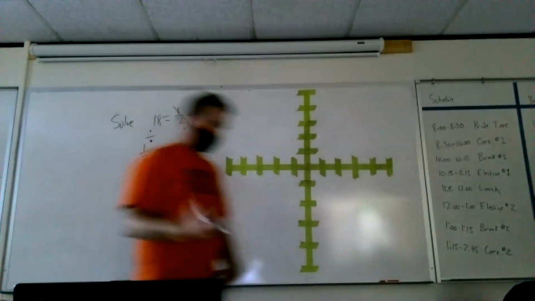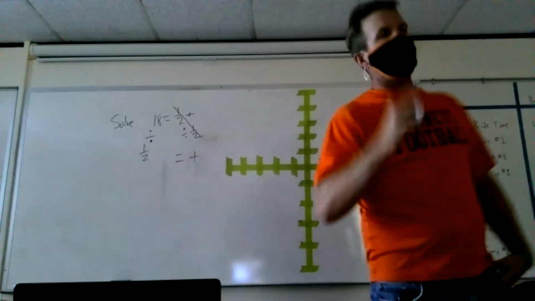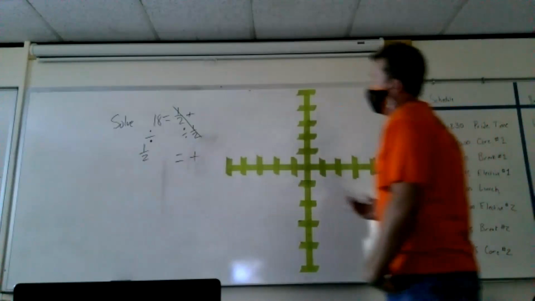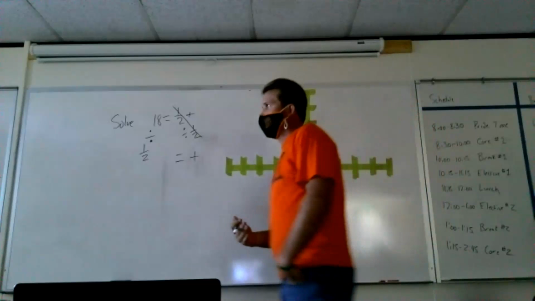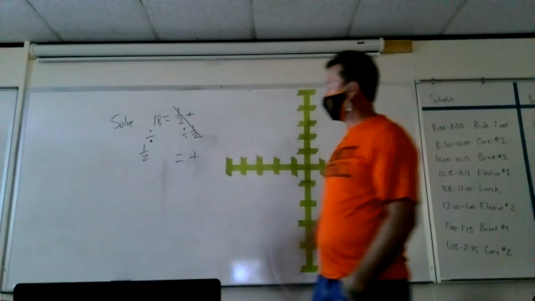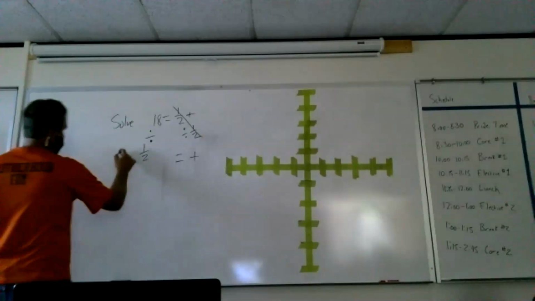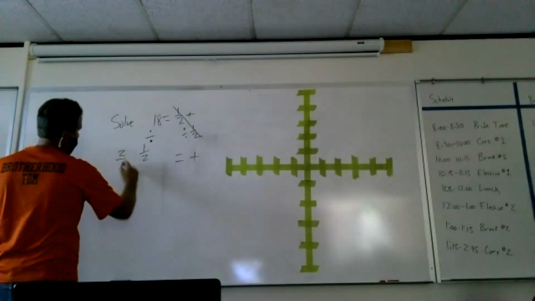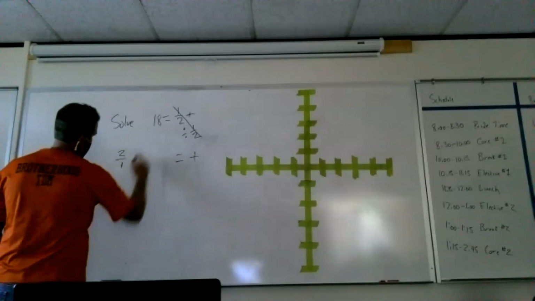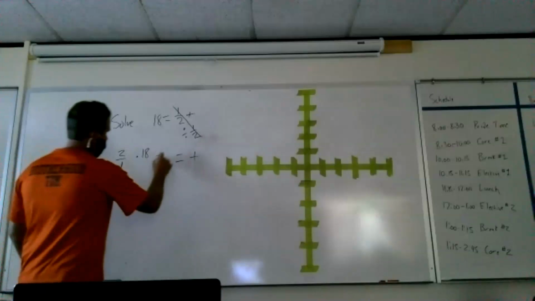When you're dealing with fractions, and especially with division, if you're dividing by 1/2, you're really, in all reality, multiplying by 2. That comes from a fraction where you have to flip to the reciprocal and multiply. So the reciprocal of 1/2 is 2/1. So if we do that operation, 2/1 times 18, or 2 times 18, is equal to 36.